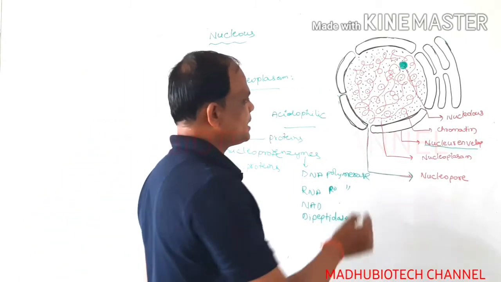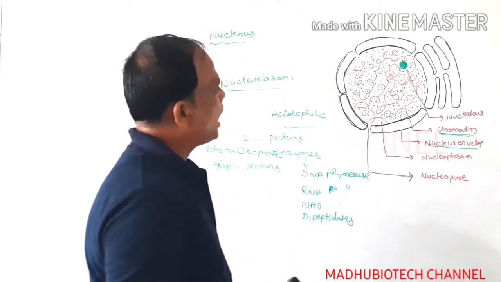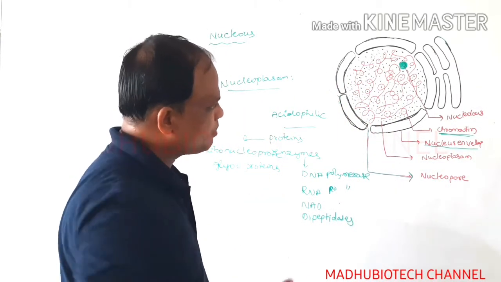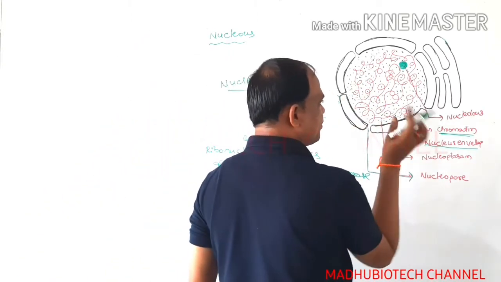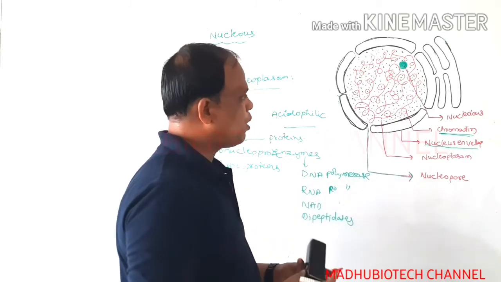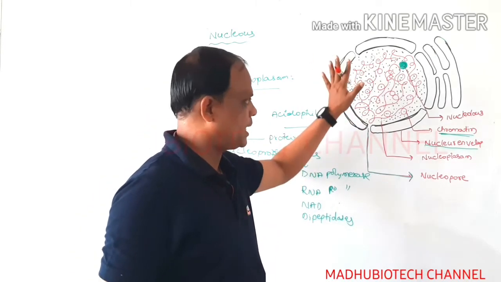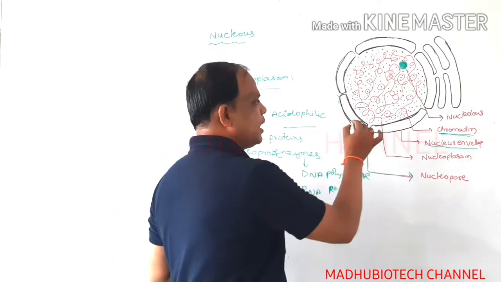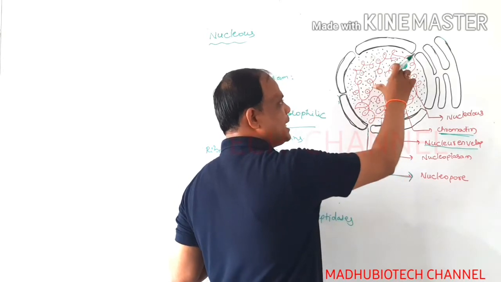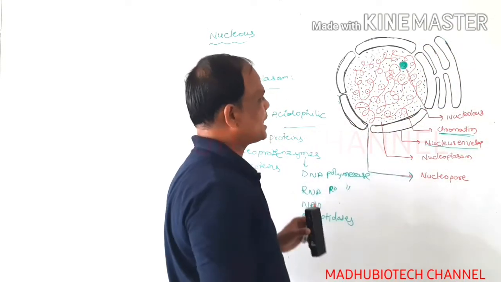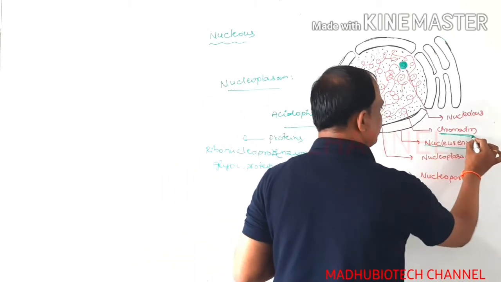The next structure is chromatin. The chromatin structure was first identified by the scientist Fleming, with the help of specific dyes like acetocarmine and fluorescein. This coiled, spiral, very long thread-like structure is called chromatin.